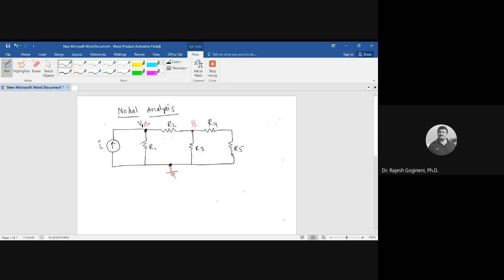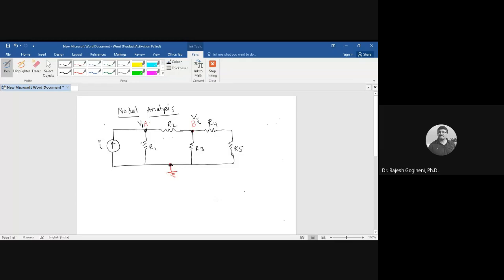That means this is at positive potential, and we assume the ground node is at negative potential. Similarly, the voltage at node B is V2. As we assumed the currents in mesh analysis, here we will assume the voltages in nodal analysis, right? Is it clear? So that is the first step to be followed.